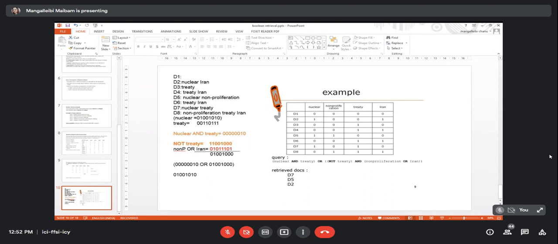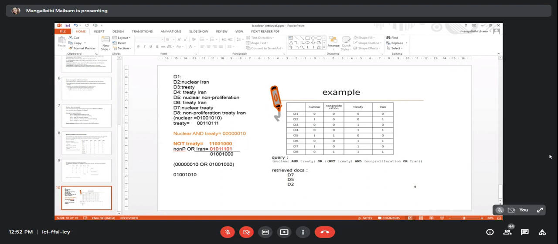Secondly, in D2, we have some information that contains 2 terms, nuclear and Iran. And in D3, we have 1 term, that is treaty. And document D4, we have 2 terms, treaty and Iran.